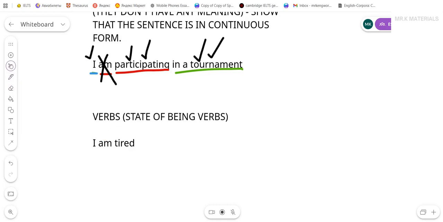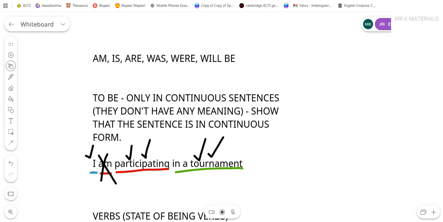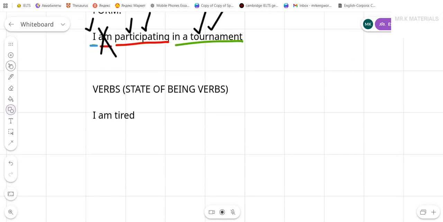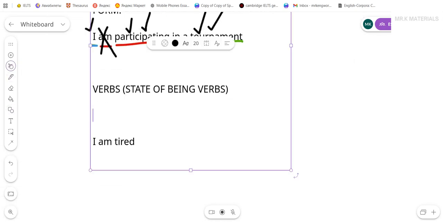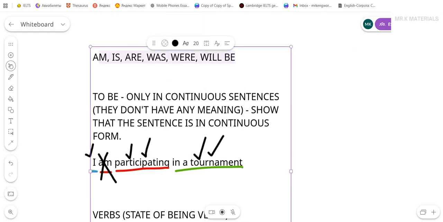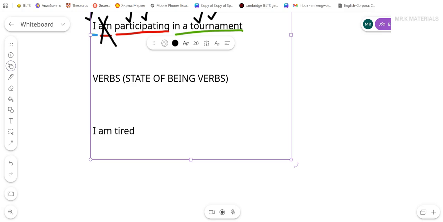As I said, am, is, are and everything else can be verbs here. They have a meaning, and I'll show the meaning right now. Probably it will be a bit tricky to get the meaning in Uzbek and in Russian because these words do not exist in either Uzbek or Russian. But still, there is a way to translate them, only when they are verbs.